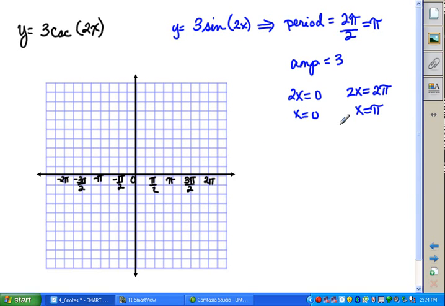Well, what happens between 0 and pi? It has to complete a full cycle of sine, which will look like this, right? So we know that the graph of 3 sine 2x, at 0 it's at a 0, and at pi it reaches 0. The point in between at pi over 2, it reaches 0. Well, what happens in between? It reaches maximum and minimum, but this time our maximum and minimum are 3 and -3.